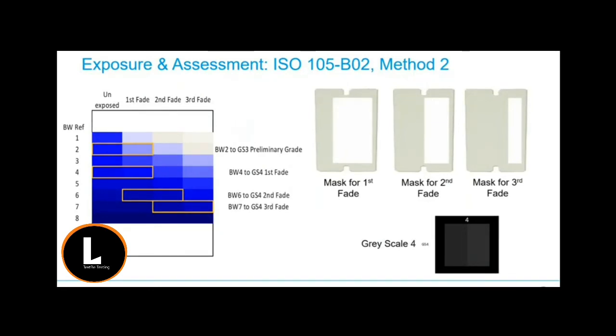And then on the third and final fade, changing to the third mask that you can see on the screen, you're looking for the blue wool reference fabric number 7 to complete a shade change to the grayscale 4, which would take approximately 320 hours.